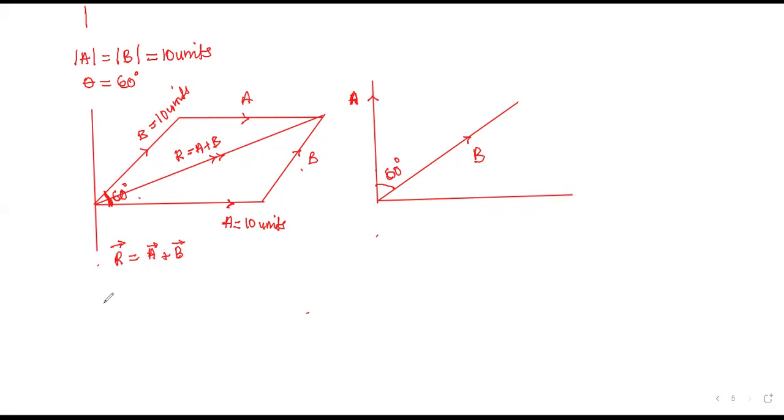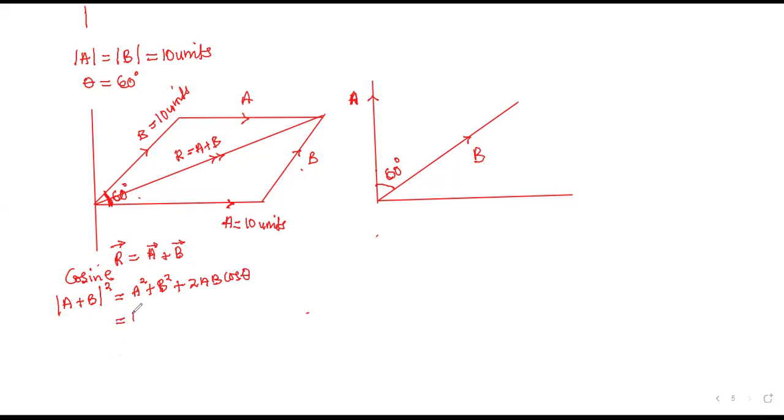Now, the next question is how to find this resultant, A plus B. Because this is an unscaled drawing, we will use the cosine rule. So A plus B squared, the same as the resultant squared, must be equal to A squared plus B squared plus 2 times A times B times the cosine of the angle between them.